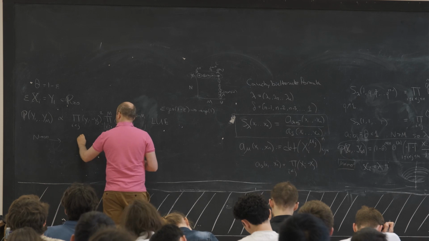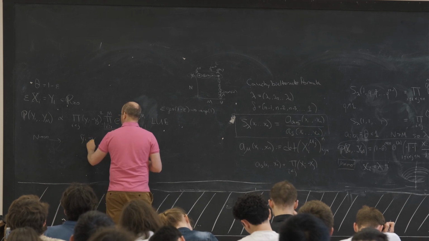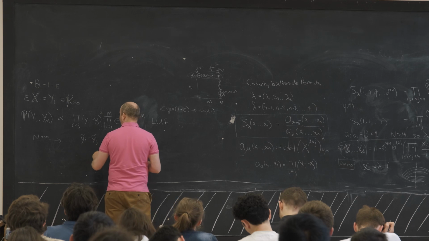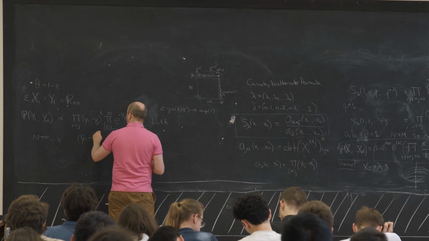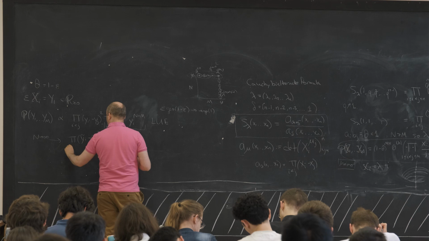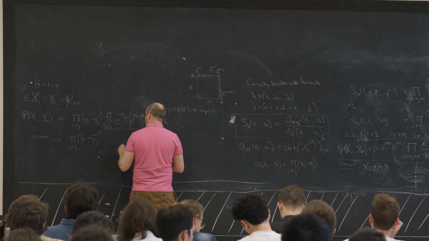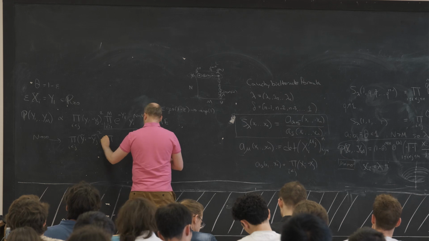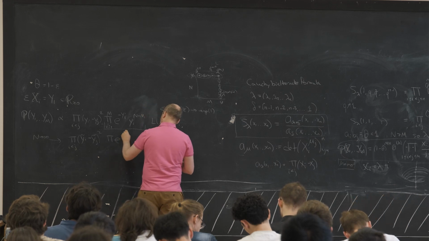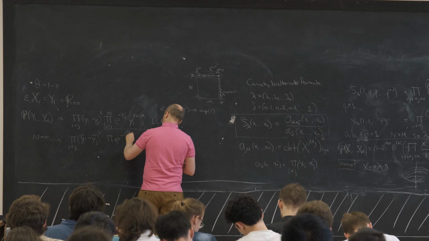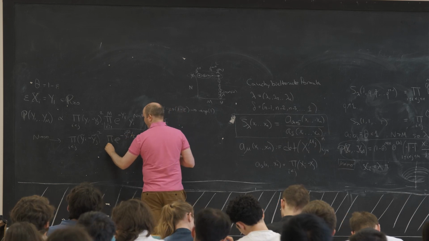So you end up with a measure after some nice recentering and maybe even some nice scaling. You end up with a measure that's known as the Gaussian unitary ensemble, or the Hermite ensemble, where you have the Vandermonde squared and a Gaussian weight.